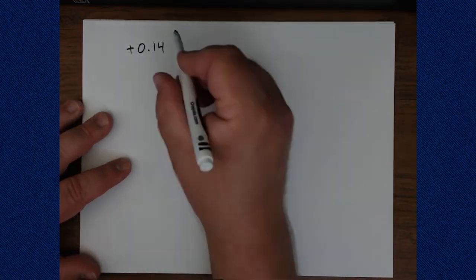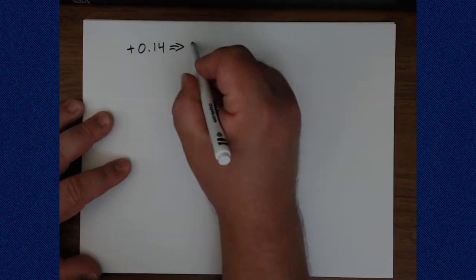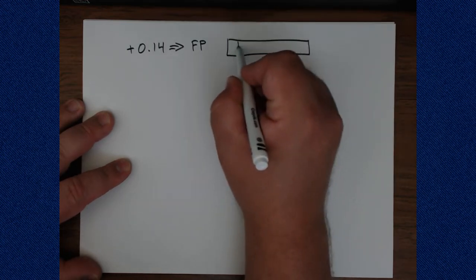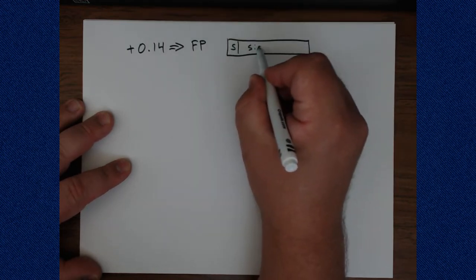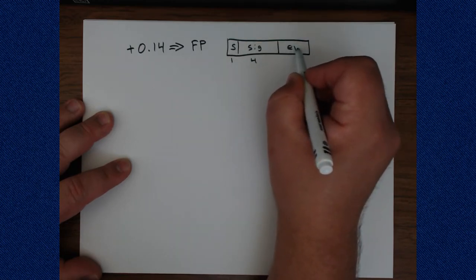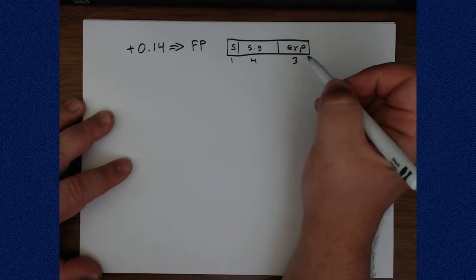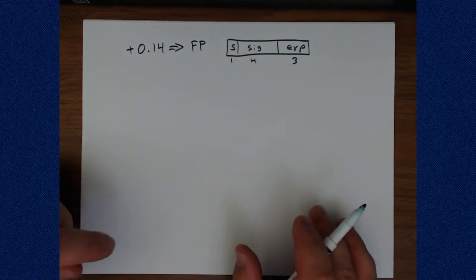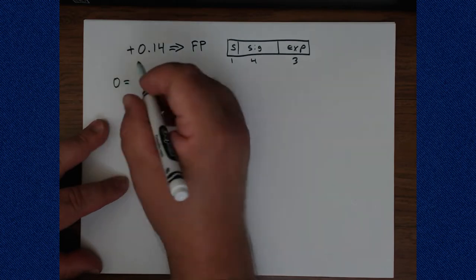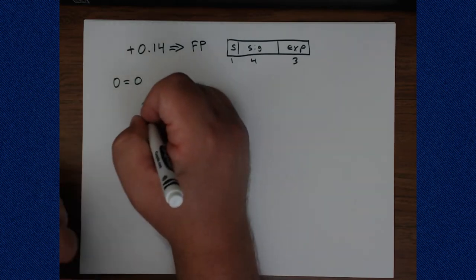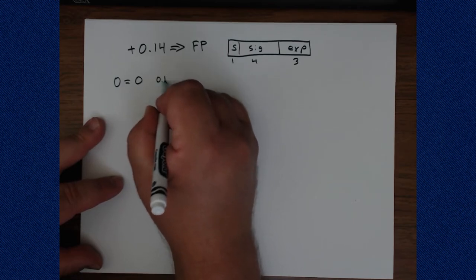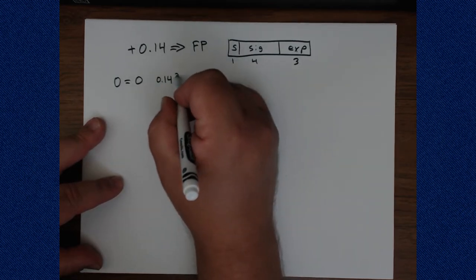All right, so we want to convert this to floating point, and I will remind us that we have a sign bit, that's 1 bit, a 4-bit significand, and an exponent that is 3 bits big. Now we know that the whole numbered part is the bit pattern 0. And the 0.14 is what we've got to figure out.